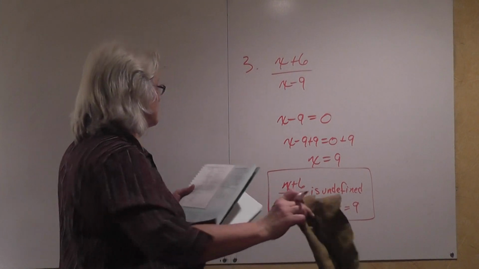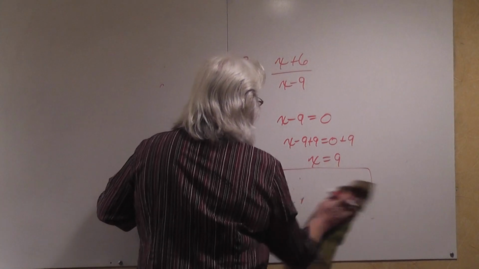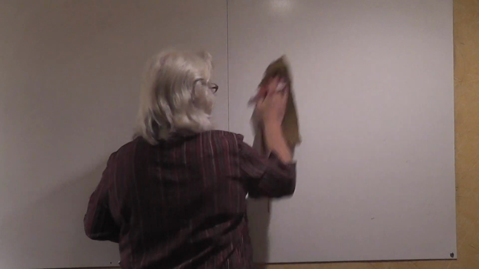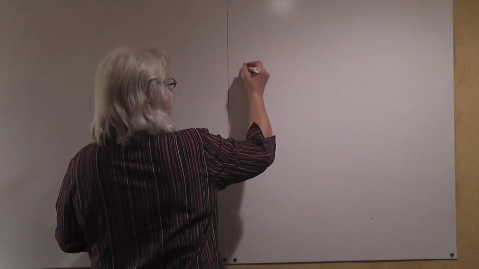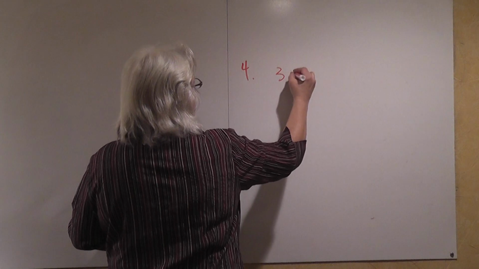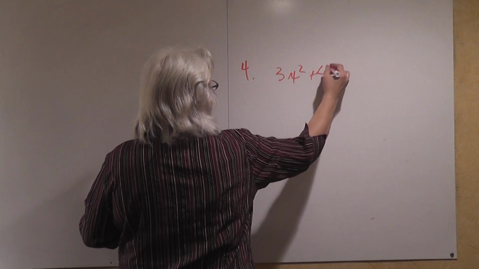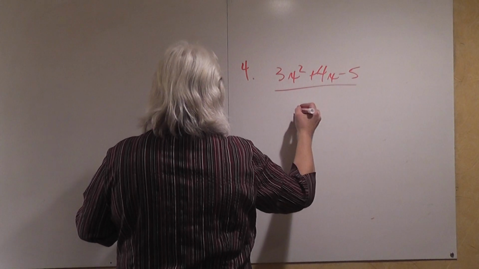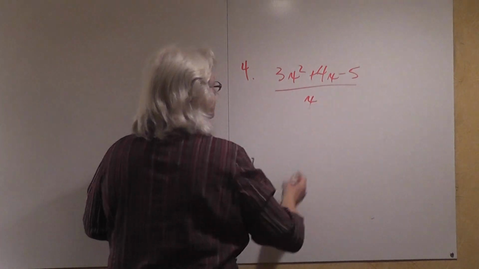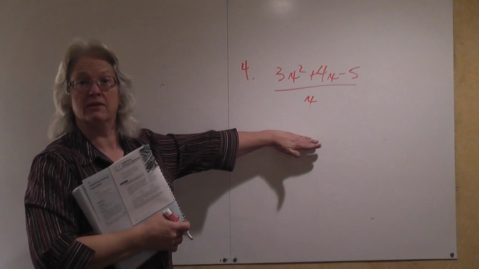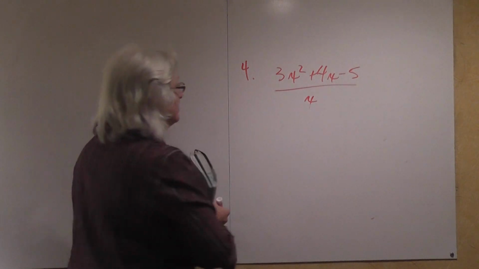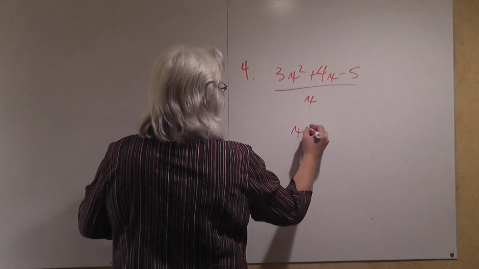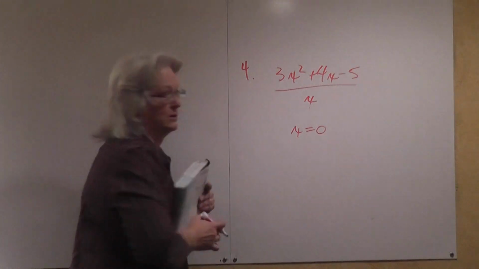We have 3x squared plus 4x minus 5 divided by x. We're going to take the bottom, take the denominator, and set it equal to 0.